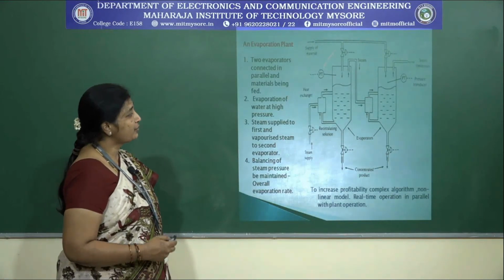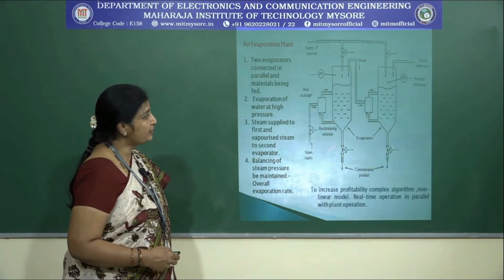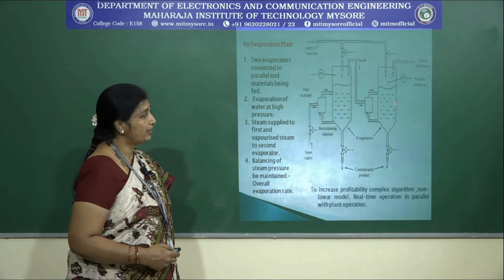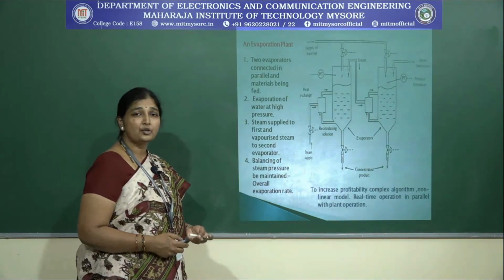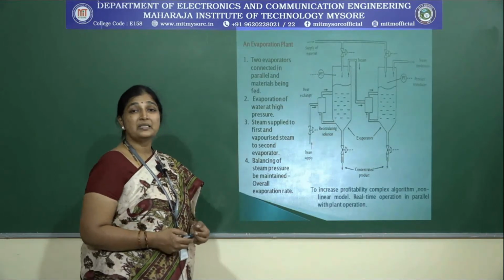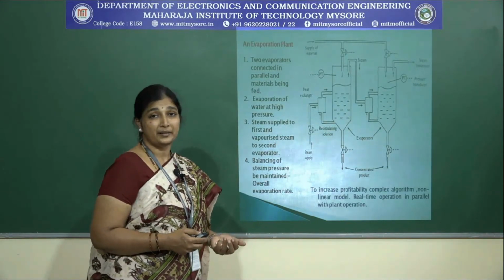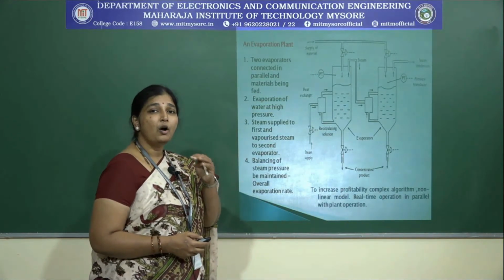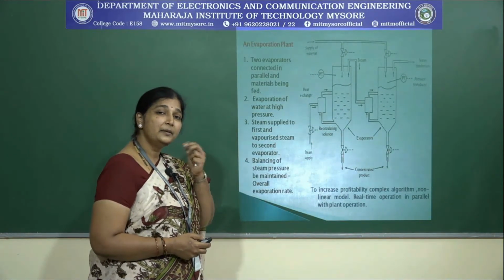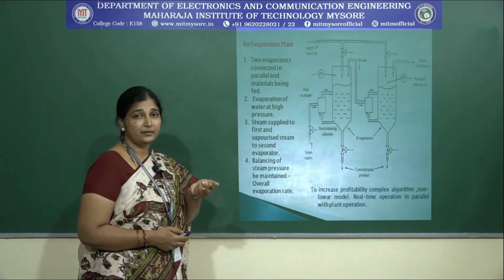In this evaporation plant, you have evaporation chambers 1 and 2. The main purpose of this plant is to make sure the water present in any liquid gets evaporated, so you are just left with the residues.